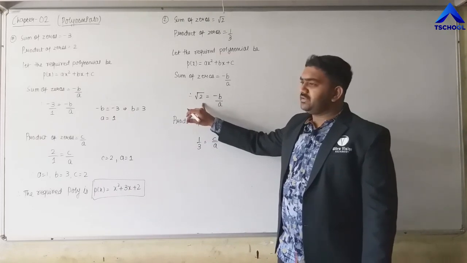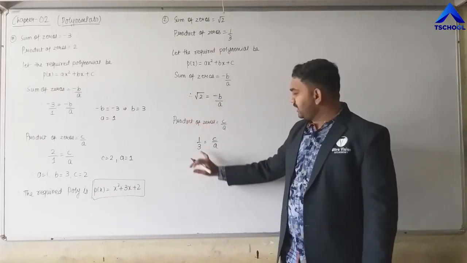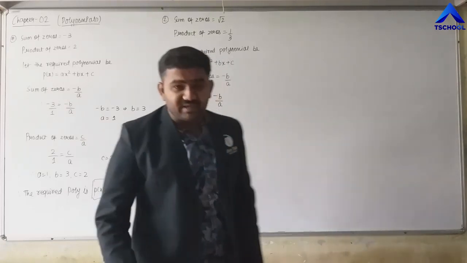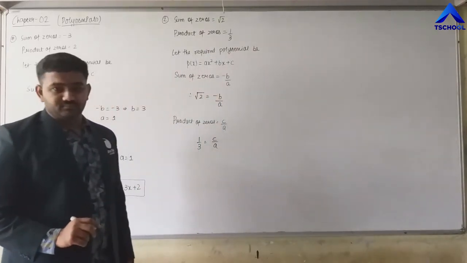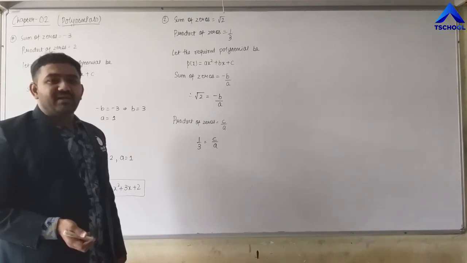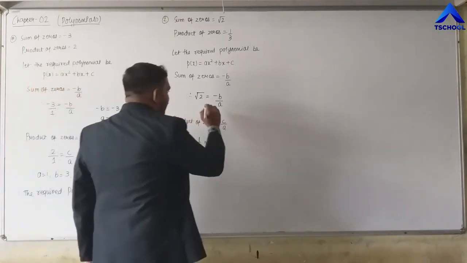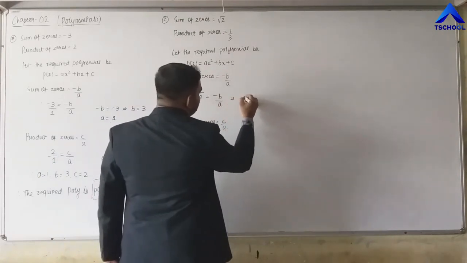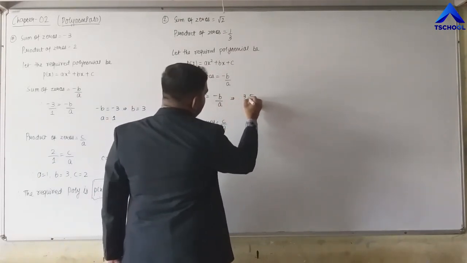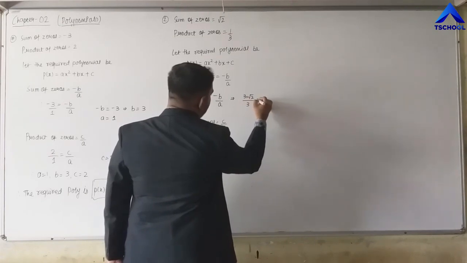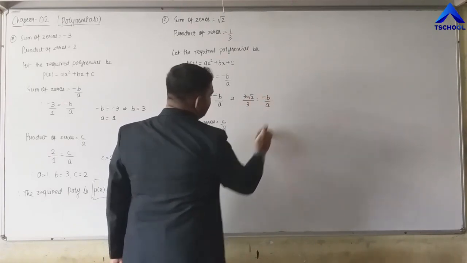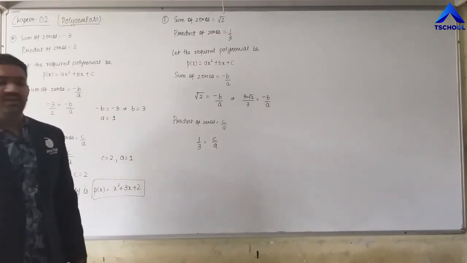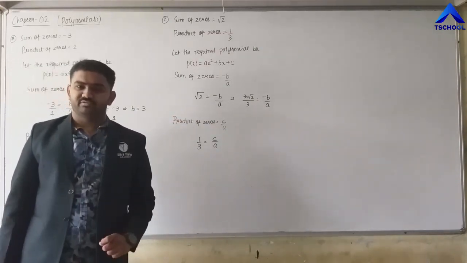Here the denominator is nothing, that means it is 1, and here the denominator is 3. We cannot make 3 as 1, but we can make 1 as 3. How? We shall multiply 3 to the numerator and denominator in the sum of the zeros, so 3 into root 2 by 3 is equal to minus b by a.